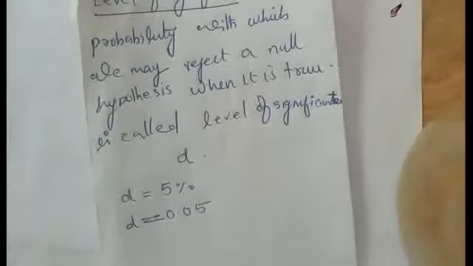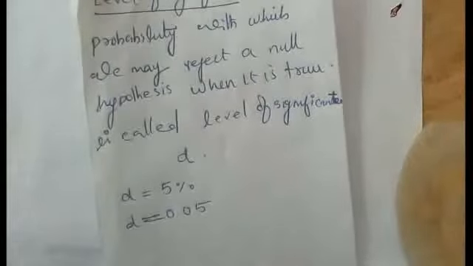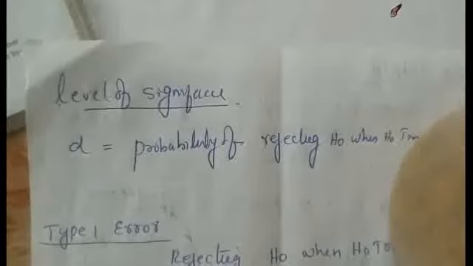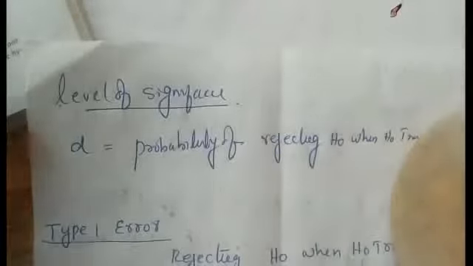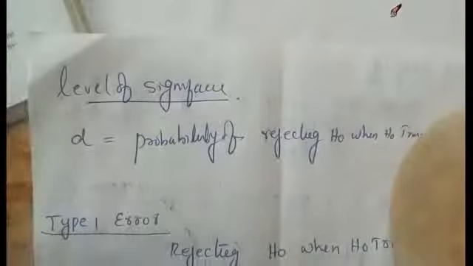So 5 times it is rejected when the null hypothesis is true, out of 100. That is the meaning of 5% level of significance. Level of significance is the probability of rejecting H naught when H naught is true.